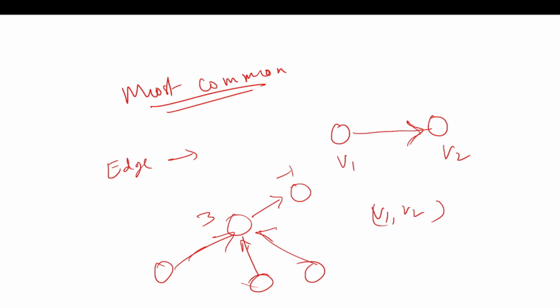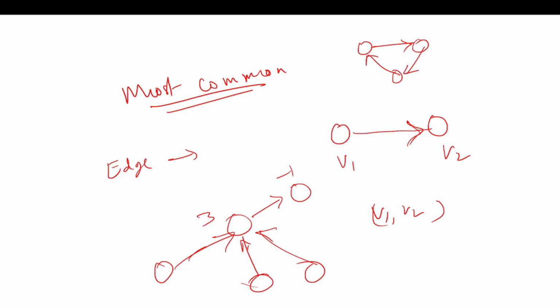Now think about one more thing. What is cyclic? When is it cyclic? Let's suppose there are 3 nodes connected like this. If the vertices are connected with each other, it is a cycle.